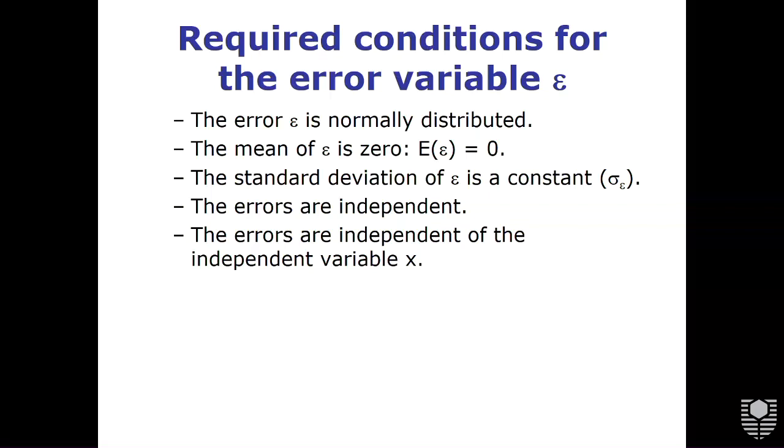Here, the errors are also independent of the independent x variables. So for each variable among the independent variables and the general one between x and y, because the association may still have some autocorrelation, it has to be controlled.